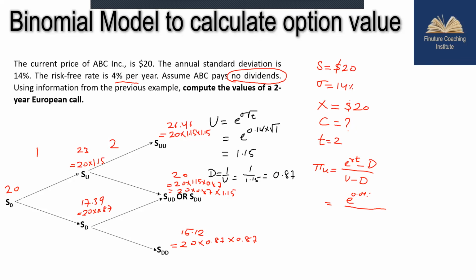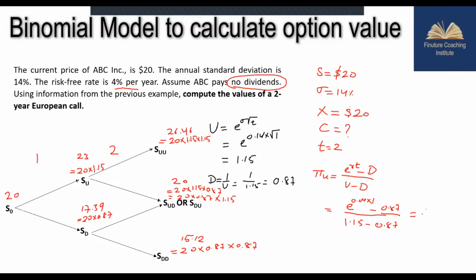So 4% into T, minus your D which is 0.87, and in the denominator it's 1.15 minus 0.87, which will come around to approximately 61%.